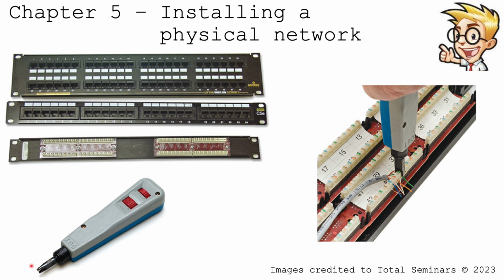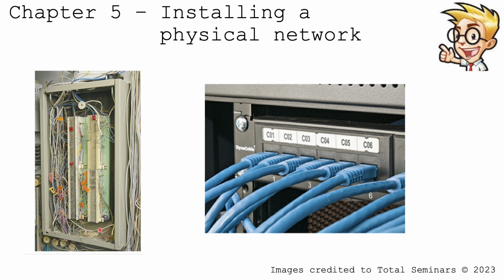Here we have what's called a punch down tool. So you can punch down onto what's called this block here, and you can wire a connection to the back of a patch panel that way. Here is a typical 66 block for a telecommunications room.